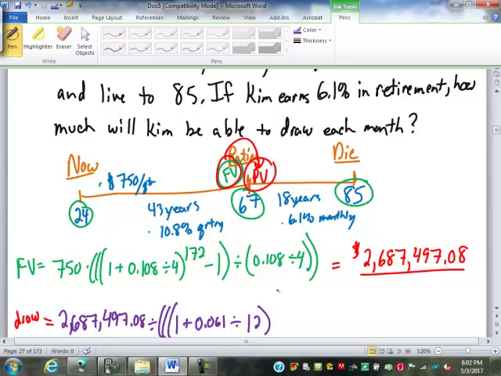And then? To 216, good. Minus 1. Then what? Divide by, open, 0.061, divide by 12.